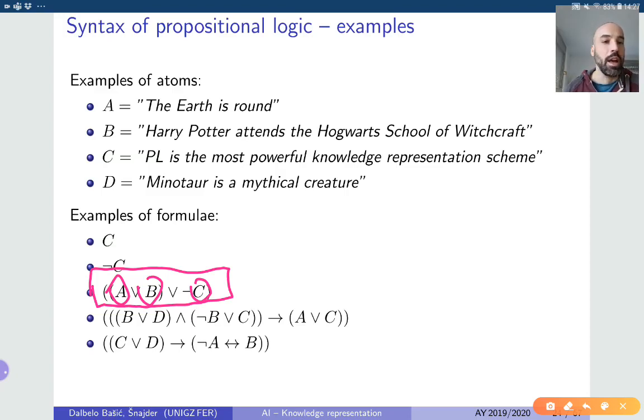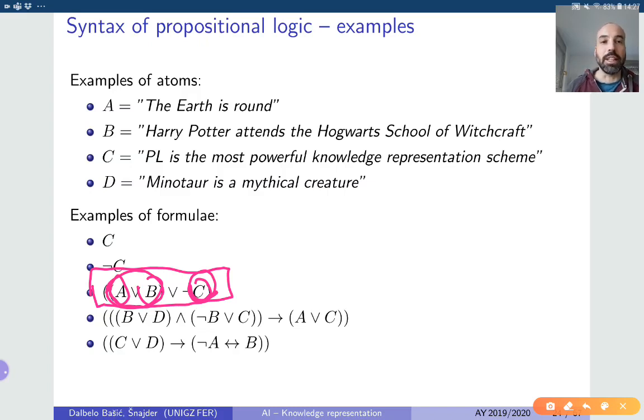Say A is true, B is false, and C is true. Well, then I know this should be true, because there's an OR operator, and if this is true, then the negated value of this is going to be false, but I have true or false, so the entire formula turns out to be true.